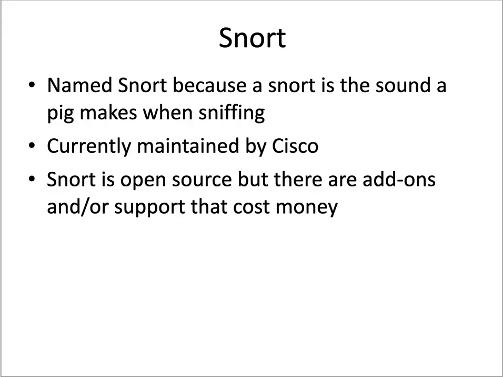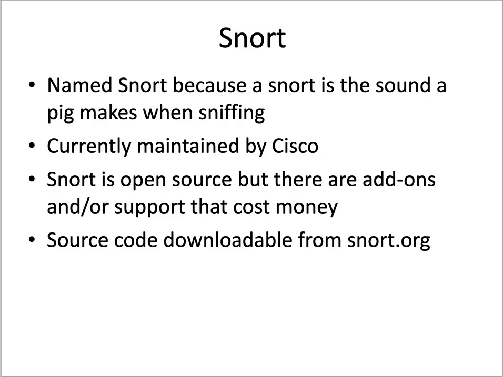However, it is open source, which means it's free, and source code is distributed. But there are add-ons that you can get that cost money, or you can pay for support. So if you use Snort, for example, and you need help configuring it or help modifying it, you can buy a support contract, which will cost you money.